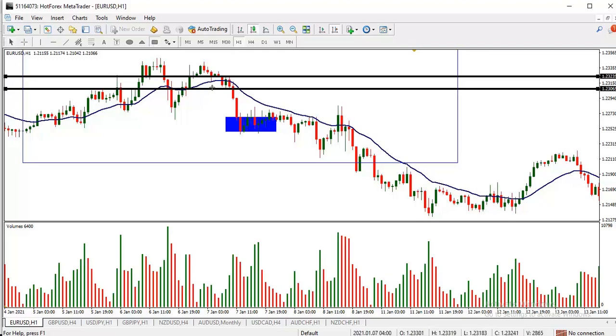And when they retrace to this place, they will now do what? The same pattern they did here. They will form their M and W pattern. But for this case, it's M because we are selling. They will form their M and they will now drop. This is the third pattern.